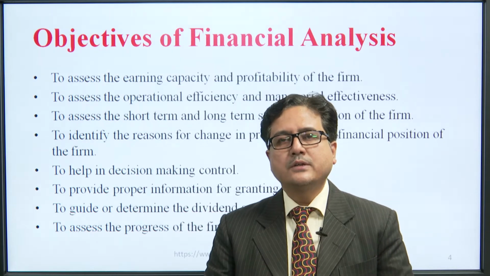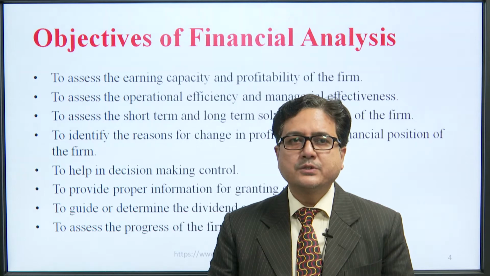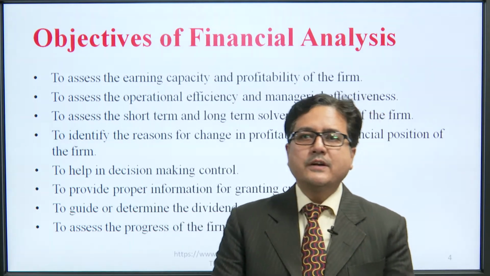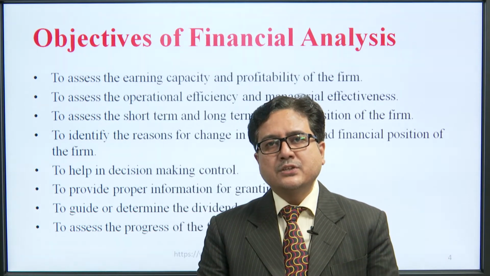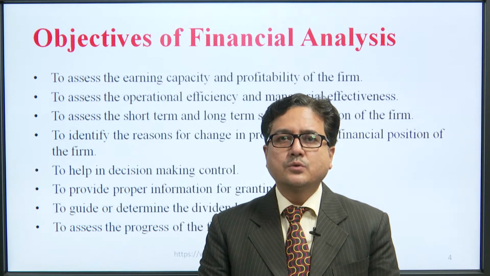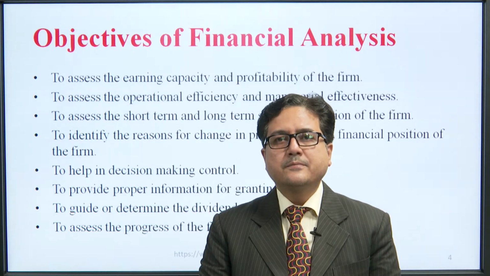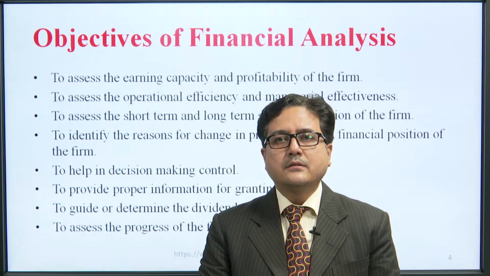If we talk about a manufacturing company, operational efficiency shows what percentage of the total raw material is converted into finished goods. Managerial efficiency shows the company's solvency, liquidity, and financial activities.